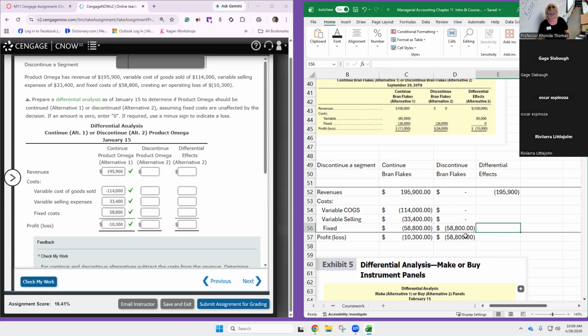You subtract this one from this one. These are the same number. So there is no difference in the fixed costs. The fixed costs won't change. So that's why it's 0, but these will have the opposite effect.